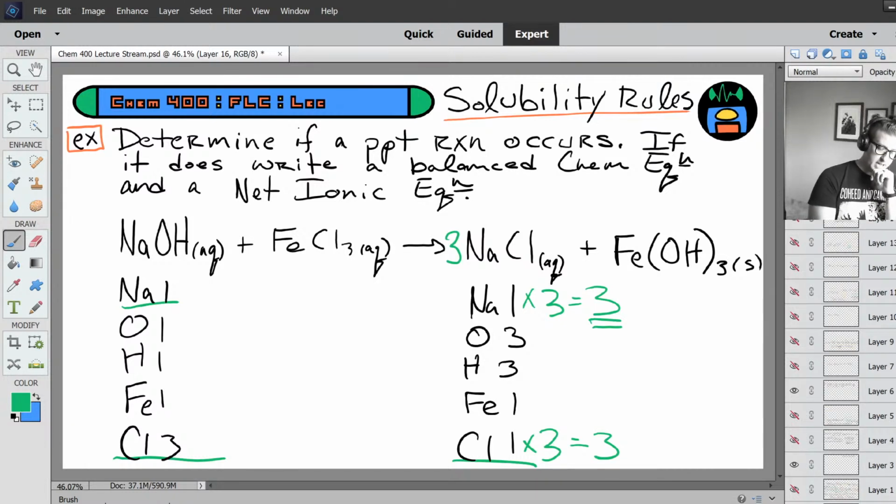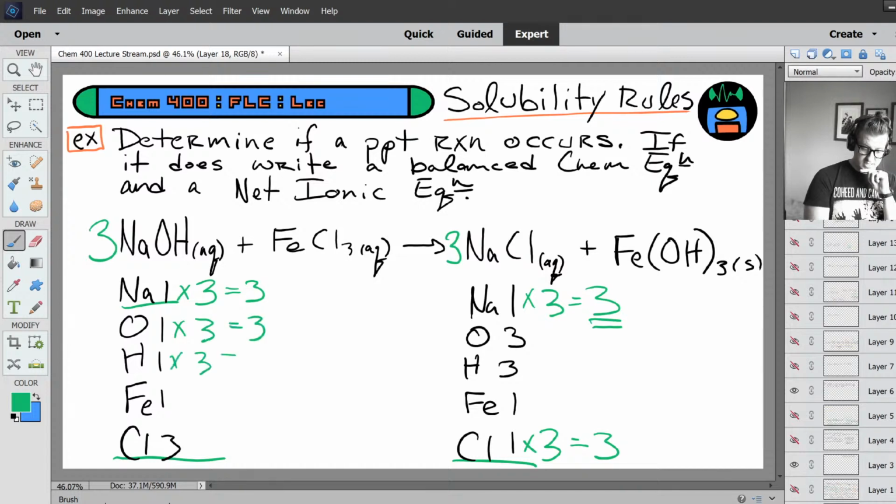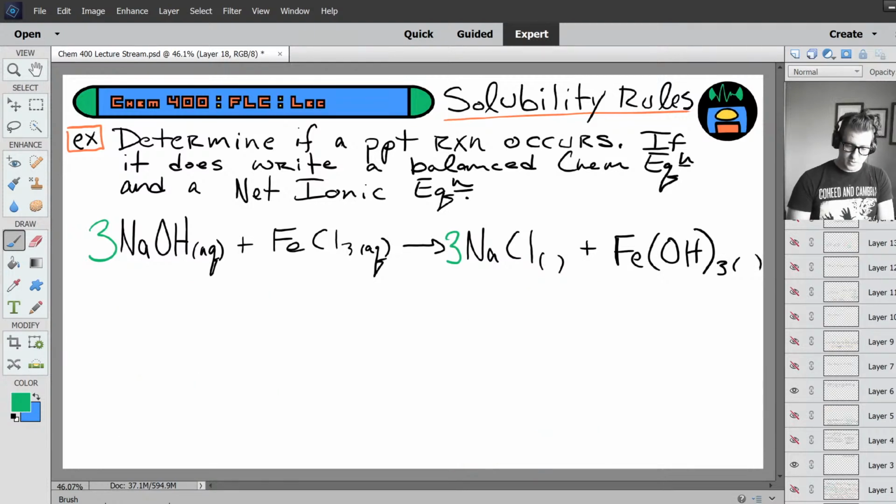So we need to multiply sodium hydroxide by 3. This will balance sodium, balance oxygen, and shoot, even balance hydrogen in one fell swoop. So this is now our balanced chemical equation.